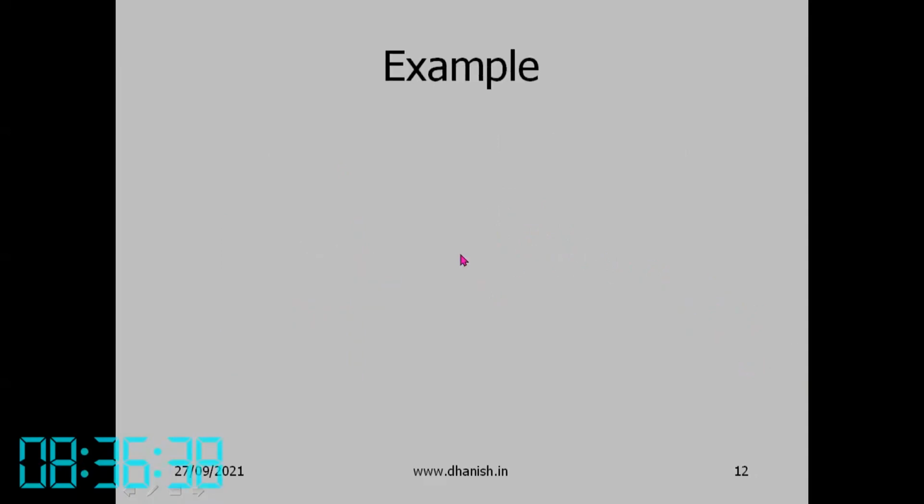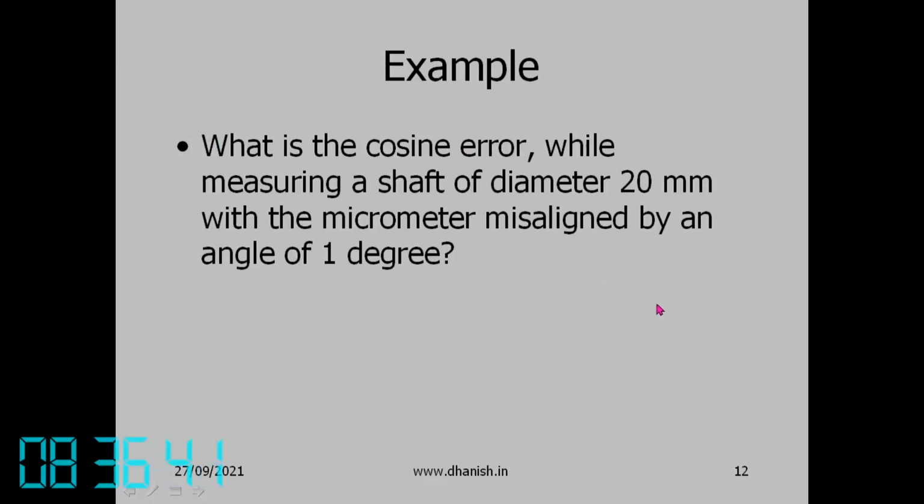Okay, we will apply this to a small problem. What is the cosine error while measuring a shaft of diameter 20 mm with the micrometer misaligned by an angle of 1 degree? Very small angle, usually it will be much more.